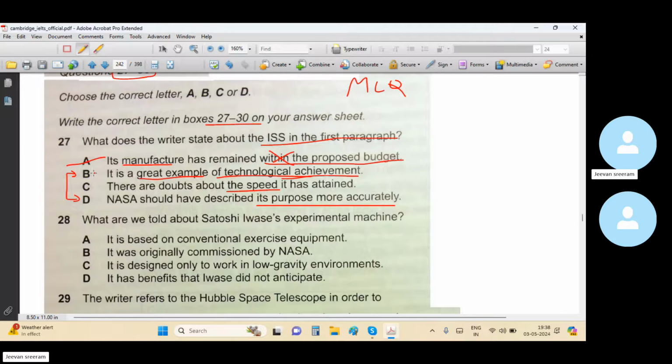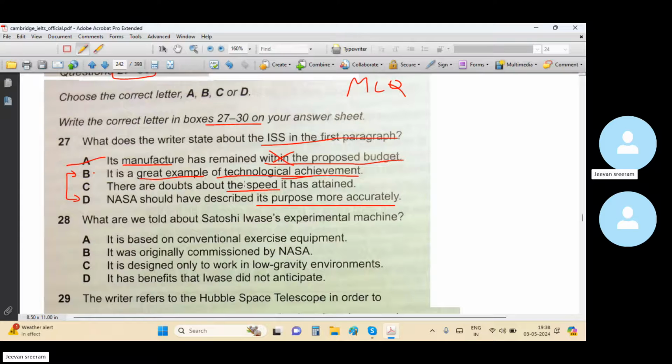I can't eliminate B. So, there are doubts about the speed it has attained. The passage mentioned the ISS travels at over 27,000 kilometers per hour, but no doubts are expressed about this speed in the first paragraph. Has the author mentioned whether the speed is correct or wrong? Is the author's tone doubtful about the speed?